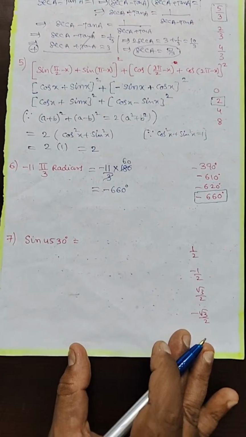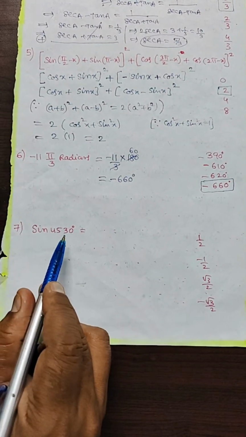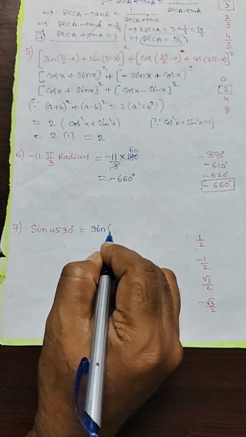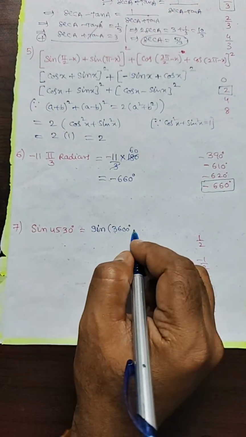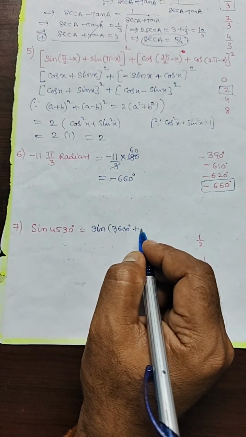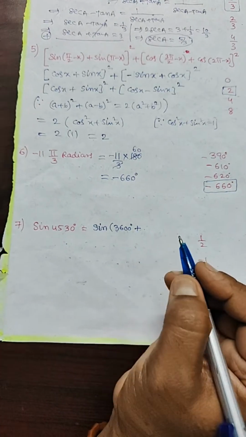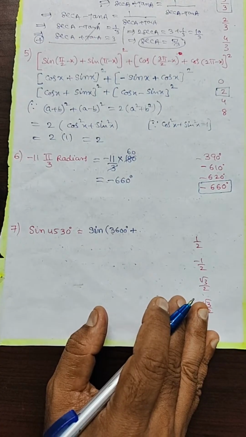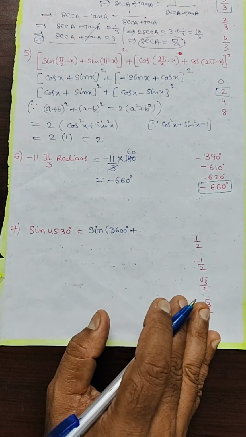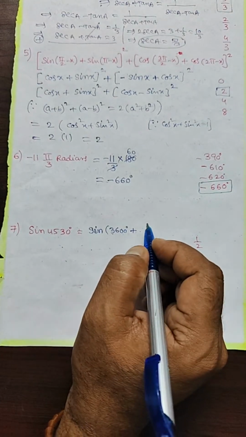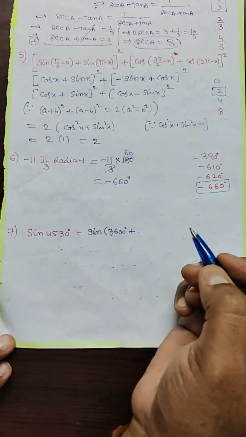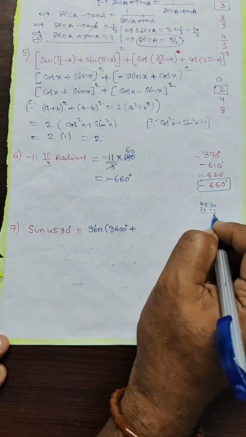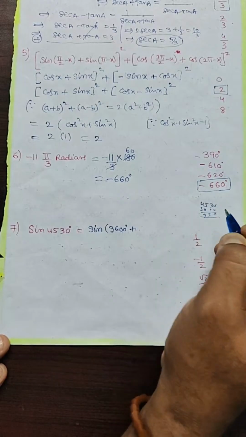Next, sine of 4530. So first it is nearer to sine of 3600 plus... 10 times 360 is 3600, if you subtract, 4530 minus 3600, you will get plus 930.